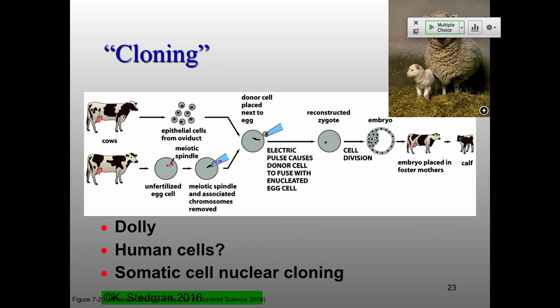Yes, you want to have your cloned cat or your dog. But anyone know why they tried to do this in the first place? Other than it was really cool science. So it had to do with actually producing pharmaceuticals in milk. A lot of pharmaceutical proteins are really hard and really expensive to make.